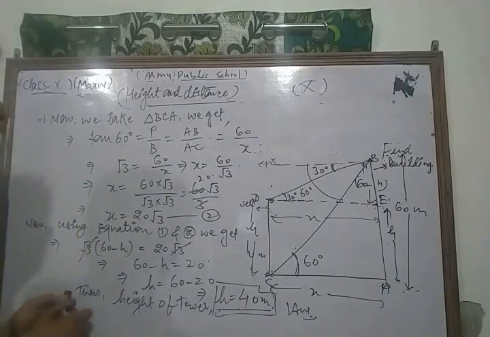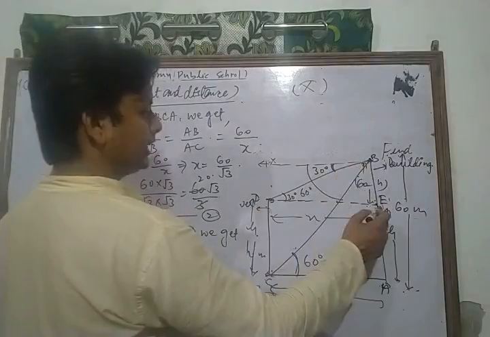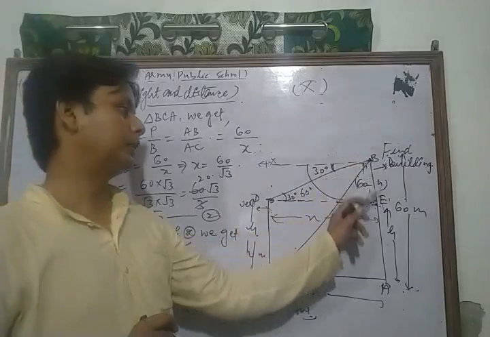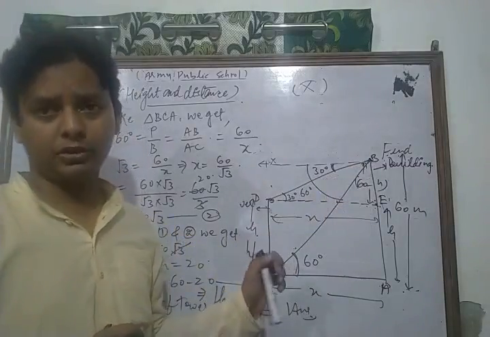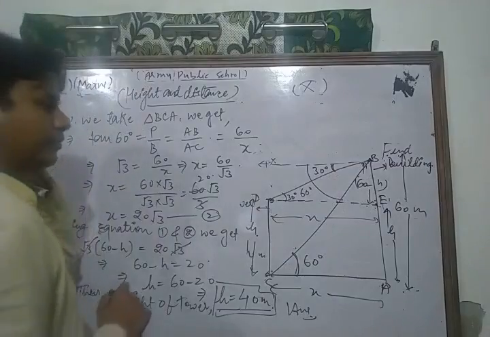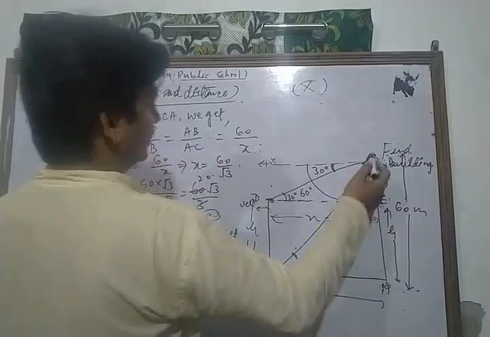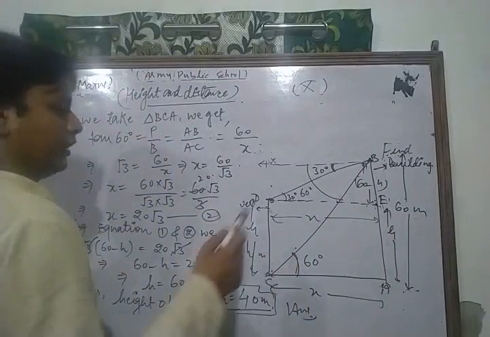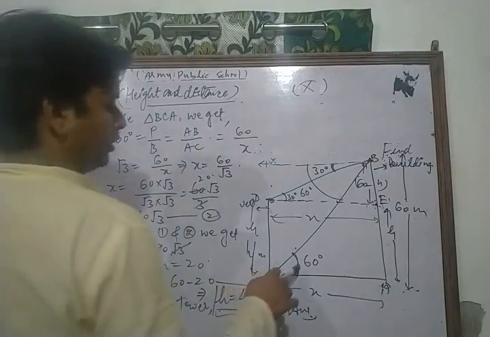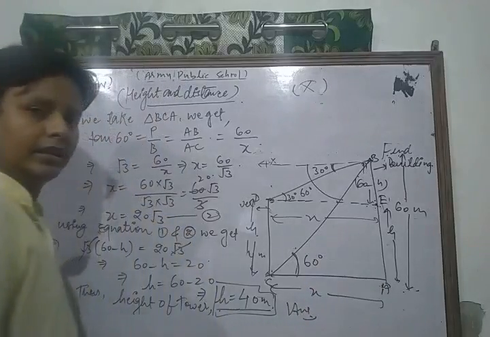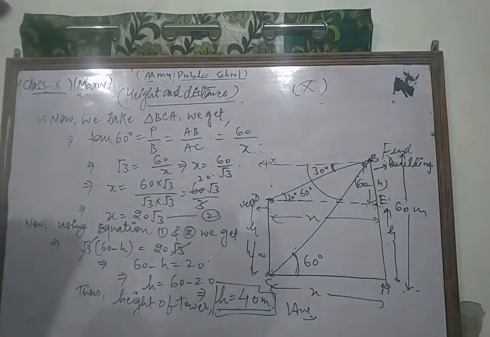After drawing the figure, we take triangle BDE and apply the tangent. Tan 30 is equal to perpendicular upon base. So from there we form our equation. Similarly, after that, taking triangle BCA, we again apply tan. So tan 60 is equal to perpendicular AB upon base AC.